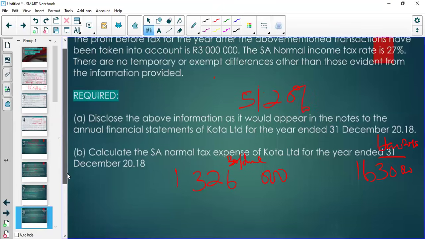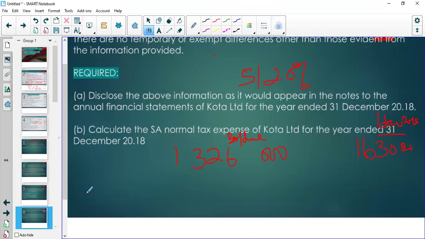So the year we're dealing with is 31 December 2018, so we're starting from 1 January 2018. What we want is to calculate annual depreciation.